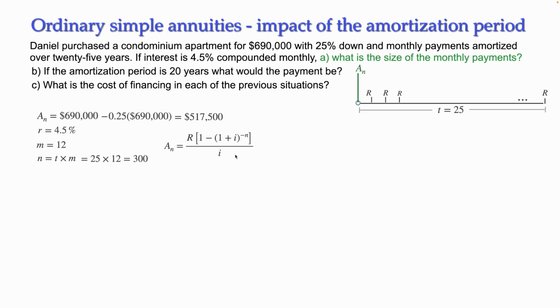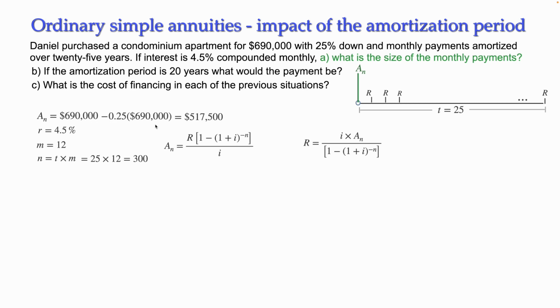So we use the formula of present value, and we are going to solve for R because R is the question. So cross multiply here and find that R will be equal to i times AN, the present value of the annuity, divided by this factor. So make a substitution. This i is 0.045 divided by 12, and this n here will be 300. The AN is 517,500.